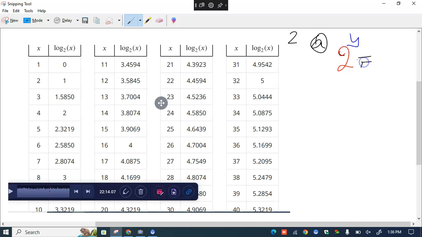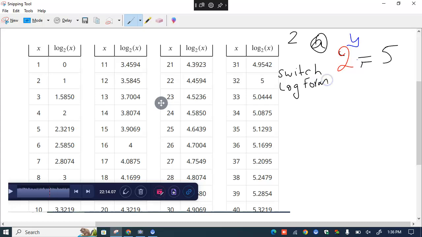The first step is, look at this. So the question is 2 raised to y is 5, right? So how do we solve this? First, let's switch to log form. And how do we switch to log form?